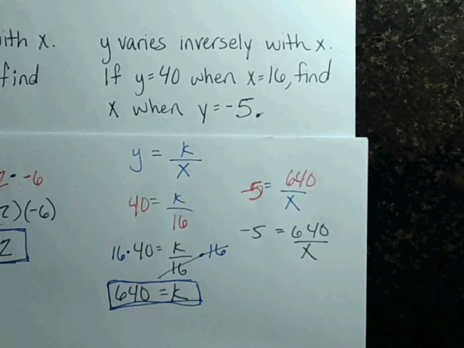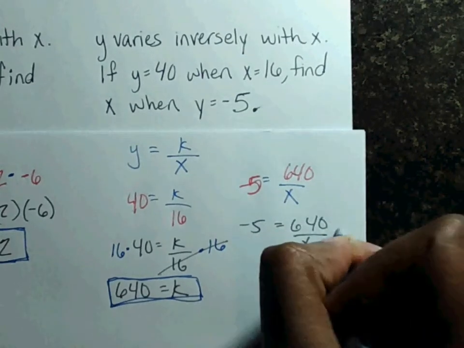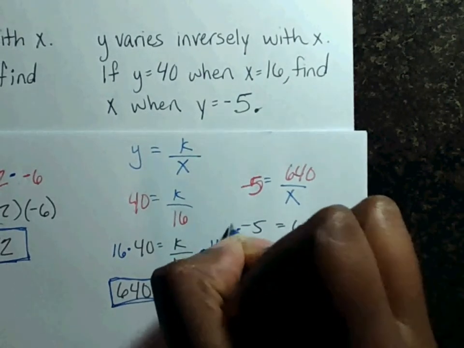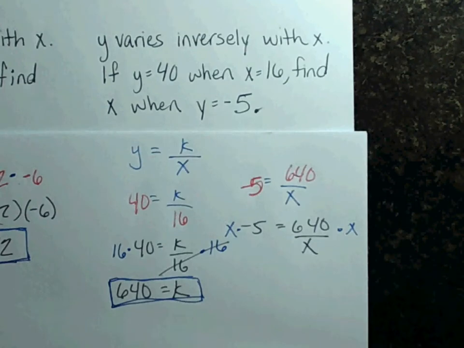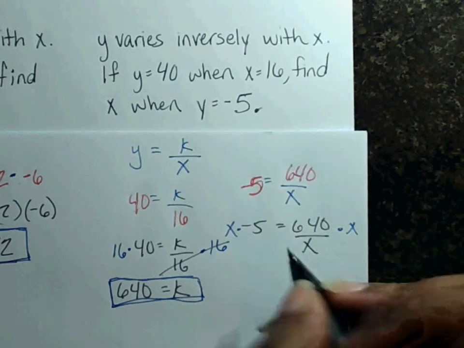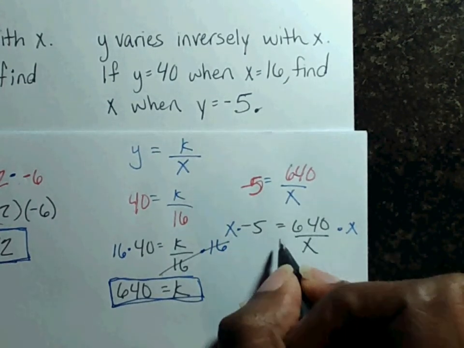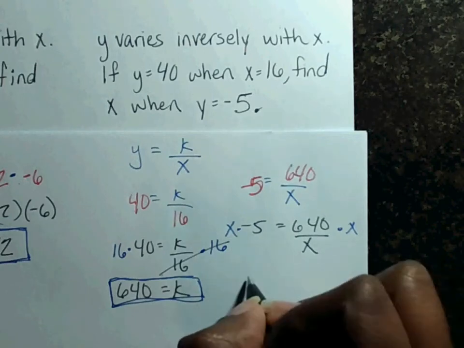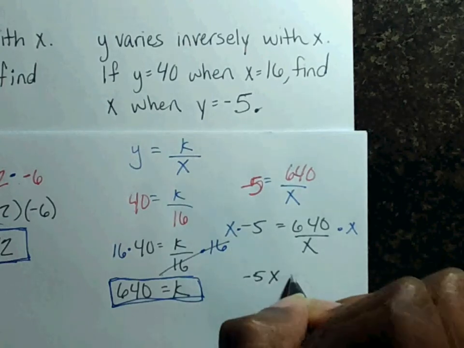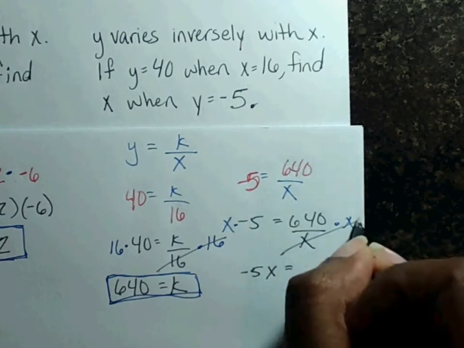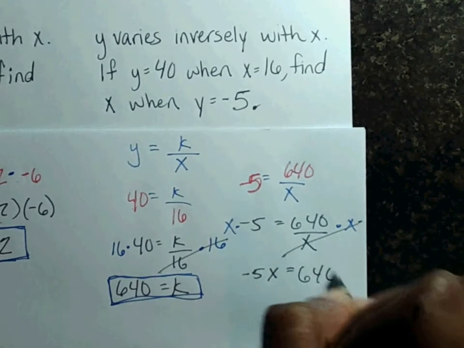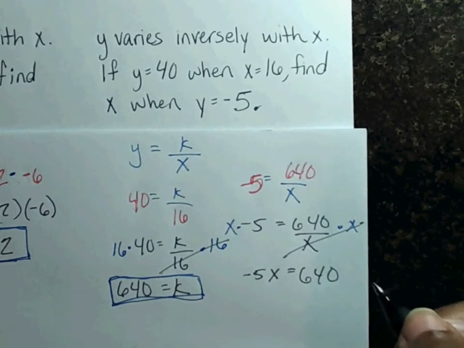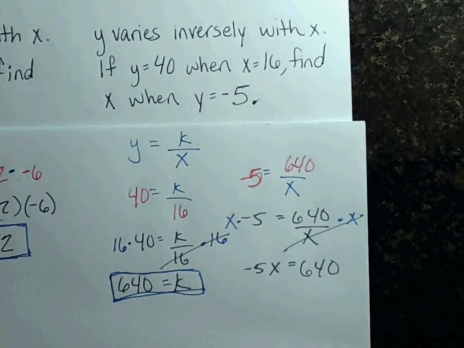What do you do? Well, you're dividing by x. The opposite of dividing by x is multiplying by x. Multiply both sides by x. Over here, we have negative 5 times x. Over here, those went bye-bye and we're left with 640. How do you get x by itself?